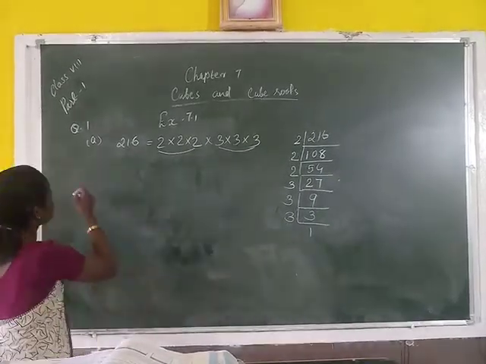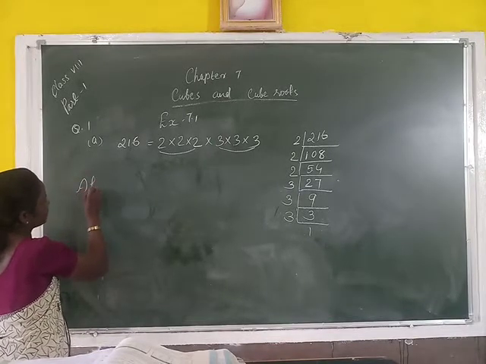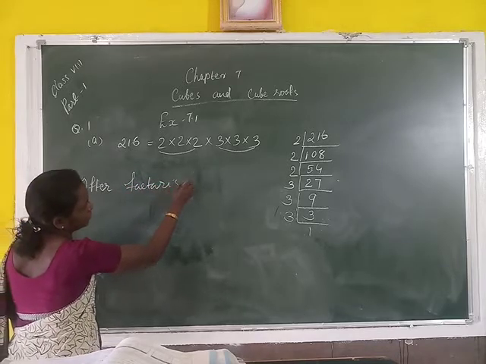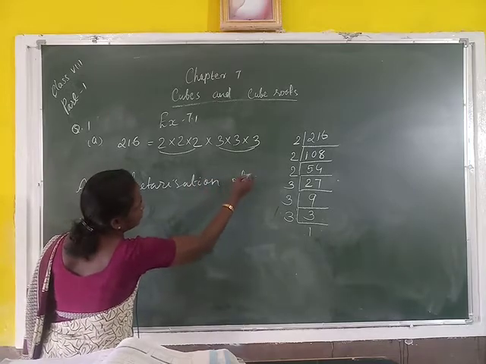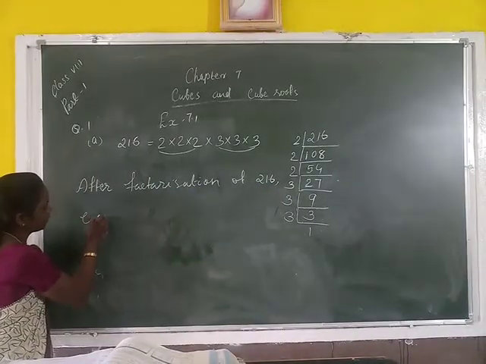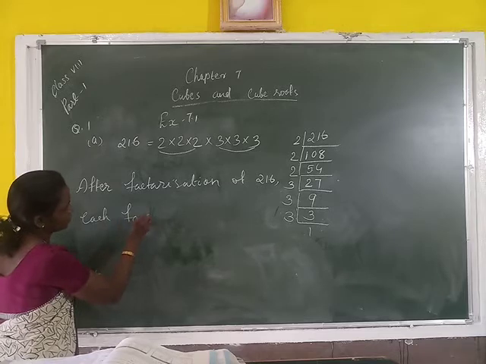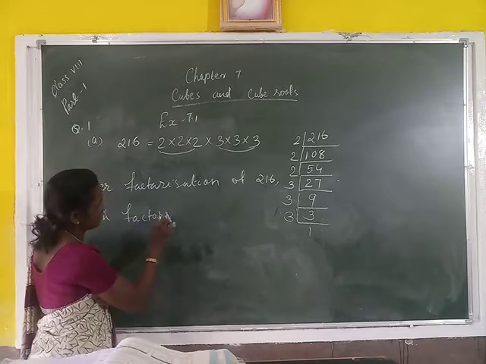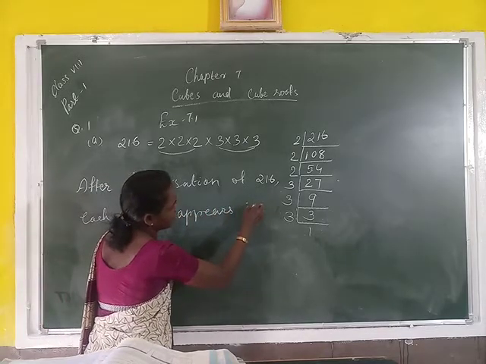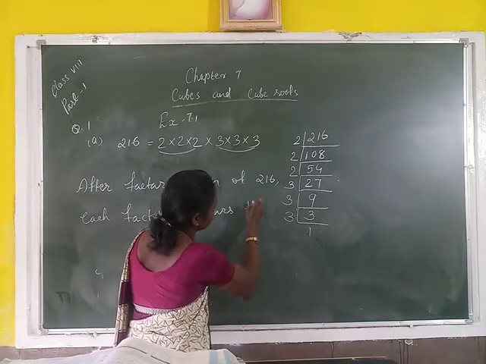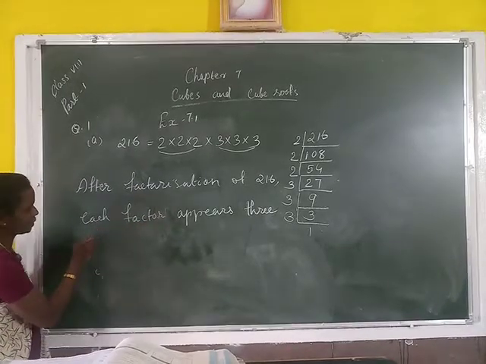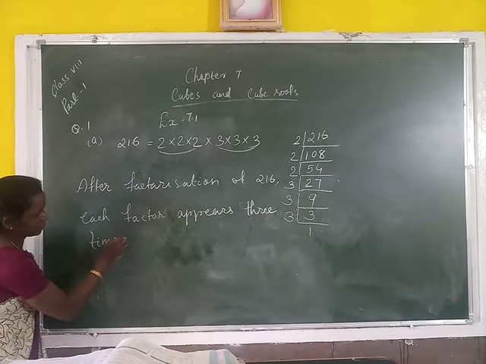So we can write: after factorization of 216, each factor appears 3 times.